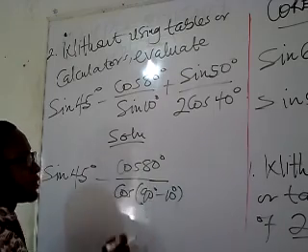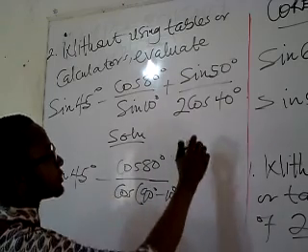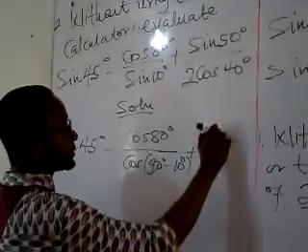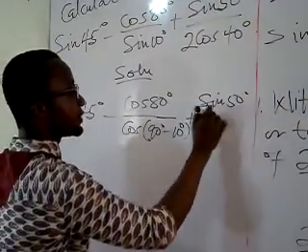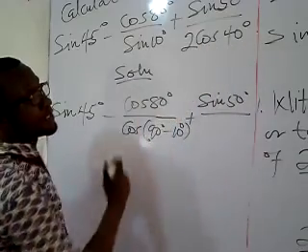Since you want to get the same ratios, plus sine 50 degrees over, we also want to change the cos.